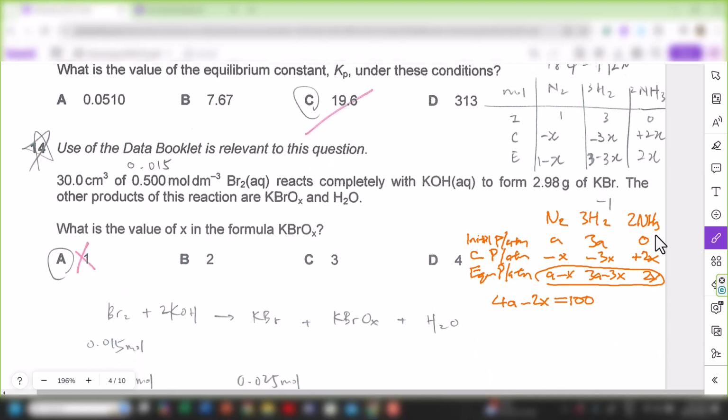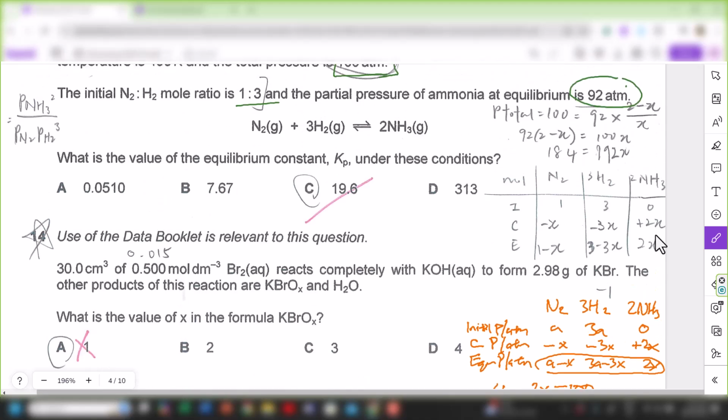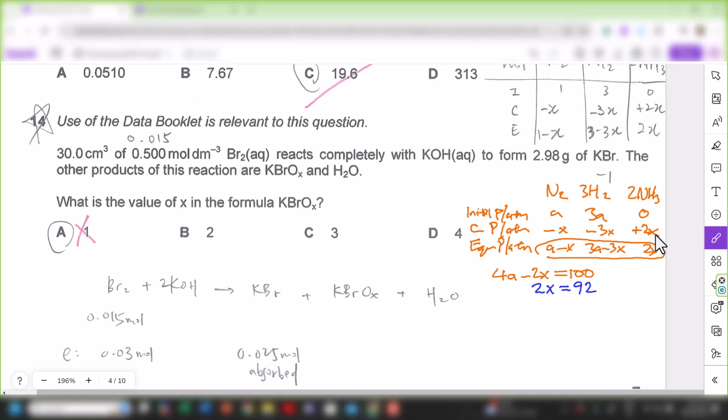So in this case, 2x equals 92, so x will be 46, but we might not need to work that out. That means 4A equals 192, so A equals 48 atmosphere.